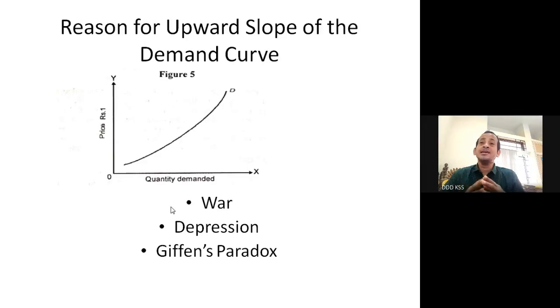And in that case, demand curve will be upward sloping. Demand curve will have an upward sloping movement, because at that time price will increase, demand will also increase.